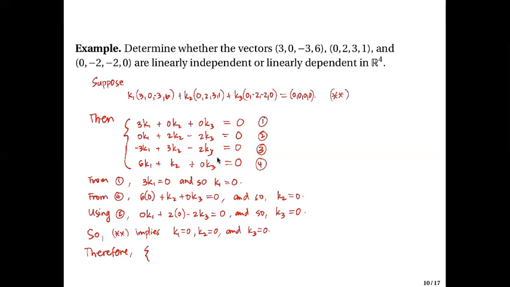Therefore, the set (3, 0, -3, 6), (0, 2, 3, 1), (0, -2, -2, 0) is linearly independent.